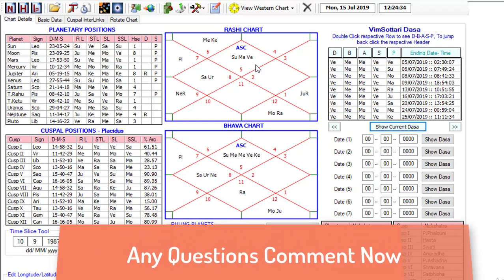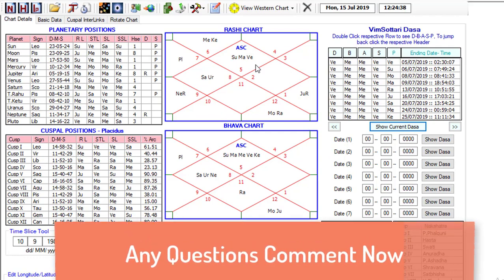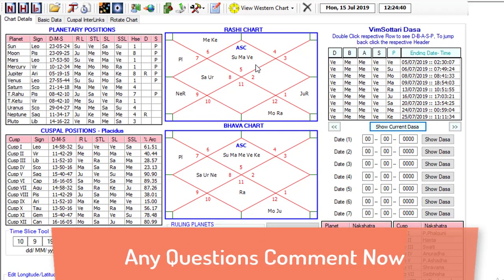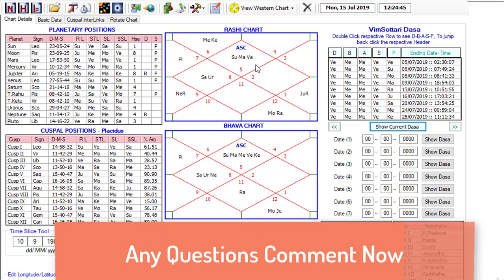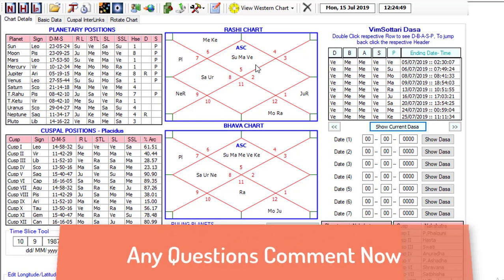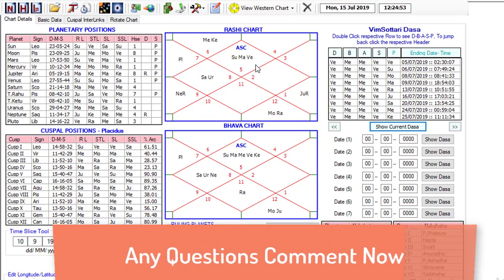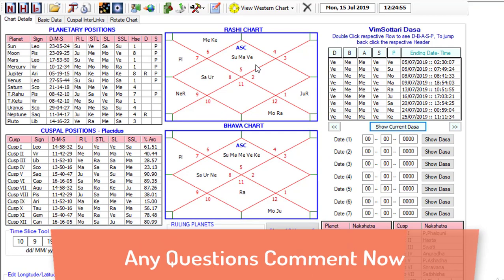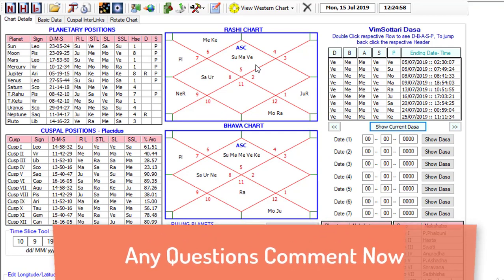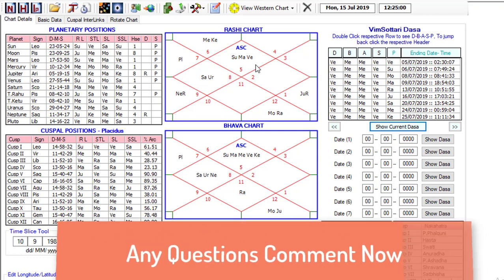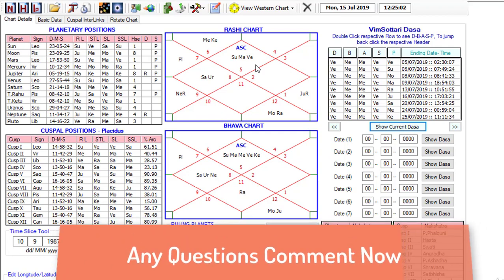Analysis needs to be done slowly and gradually, but you need to be very understanding to understand where you want to put the focus on. As in this particular analysis, we know that we need to do the focus on financial status. So if we talk about financial status, we always focus on second house. So we need to understand the result of second house sublord.